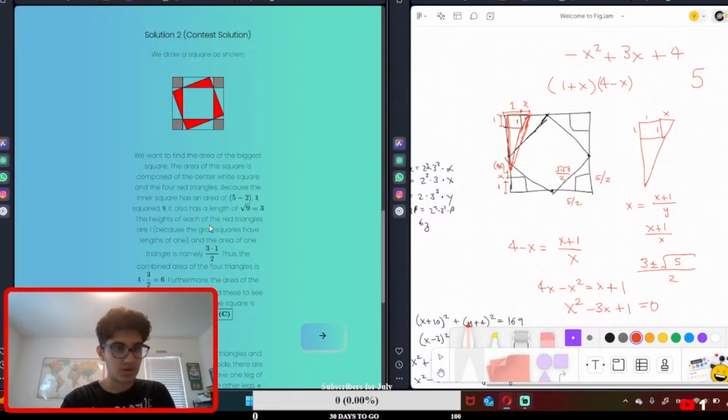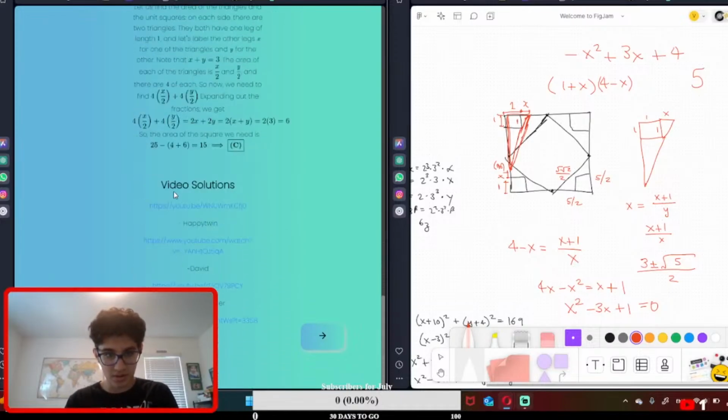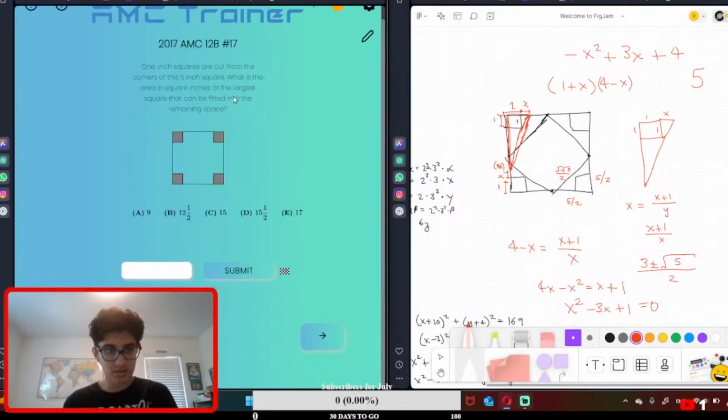So I think what this solution is saying is that you know that there's a minimum area of 9 if you just do the 3 by 3 square, and then out of whatever's left, you can just take half, like they're showing with these triangles. So basically, in total, with the 9 that are already in the big square, then there are 4 from outside. So that's 13, which leaves 12. You can take half more, so it's 9 plus half of 12, 9 plus 6, or 15. Okay, that's fine.